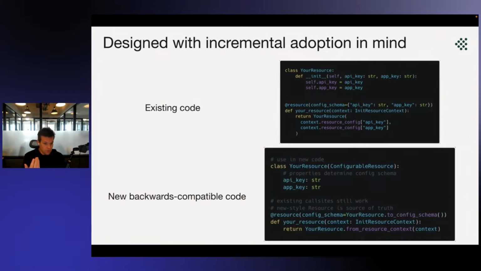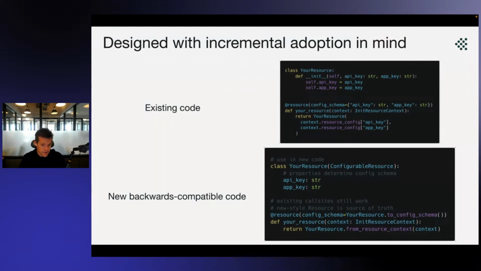So you can move the object to be a configurable resource and use it just like a new style resource. But here, you can have a single source of truth, and we have these helper functions which make it easy for you to still implement your old API in terms of the new source of truth.